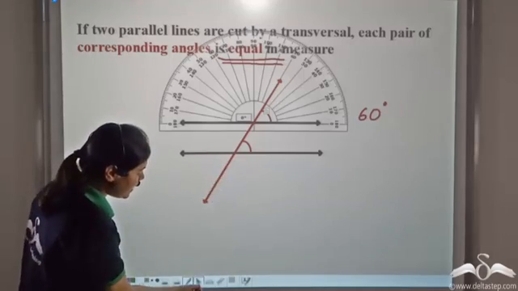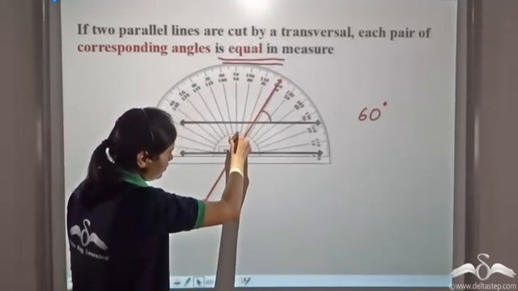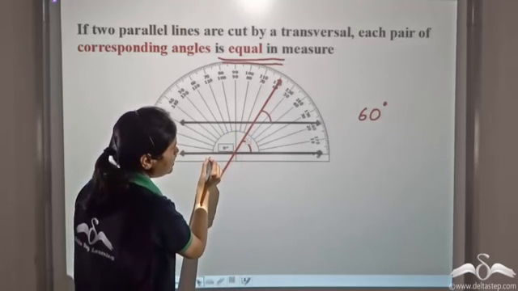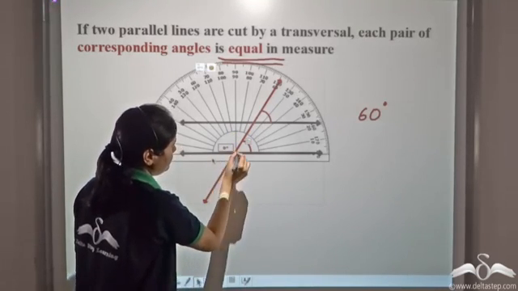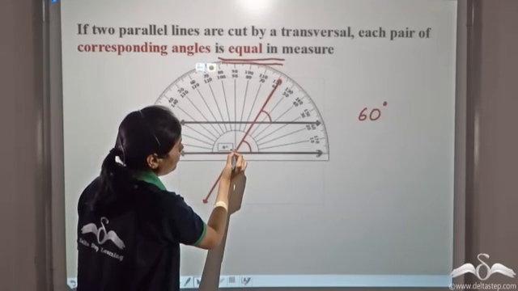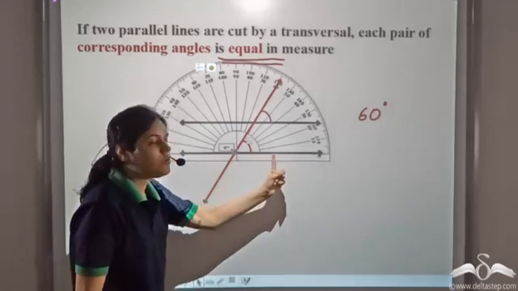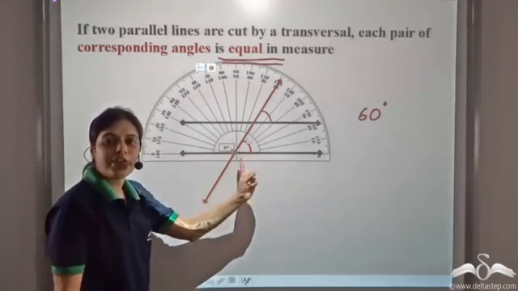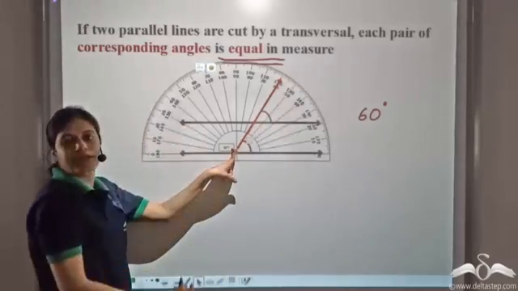Now let me measure this angle. So we take our protractor and place the center on the vertex of the angle. This 0 coincides with one of the arms of the angle, and I see the angle formed is 60 degrees.